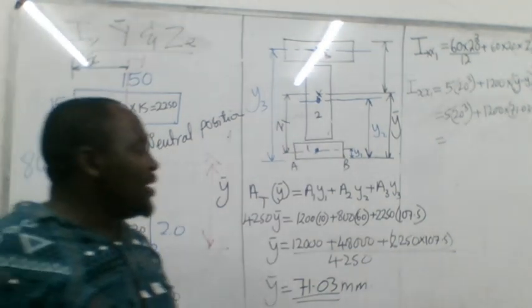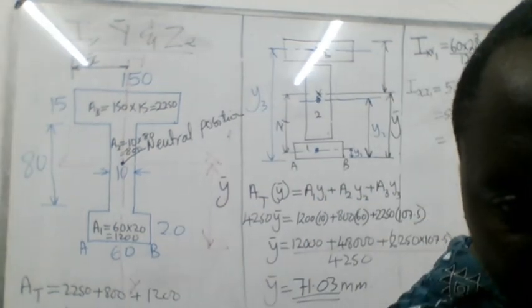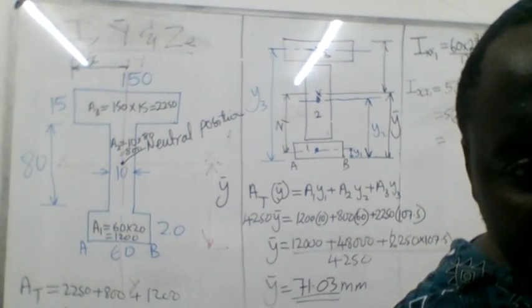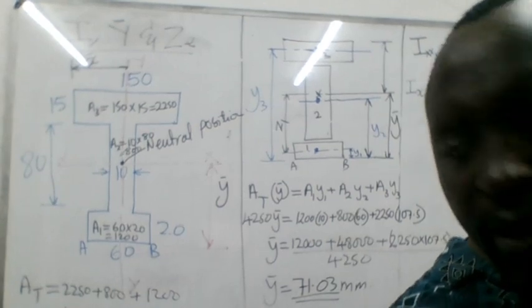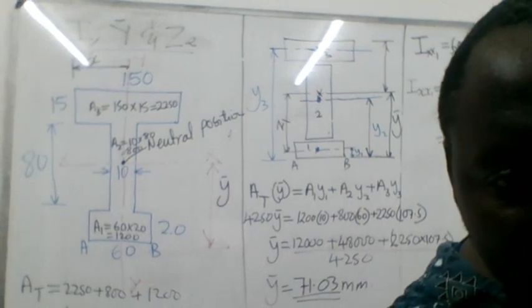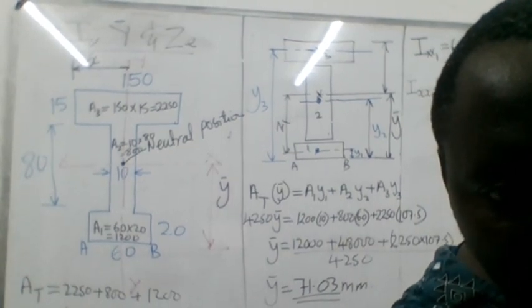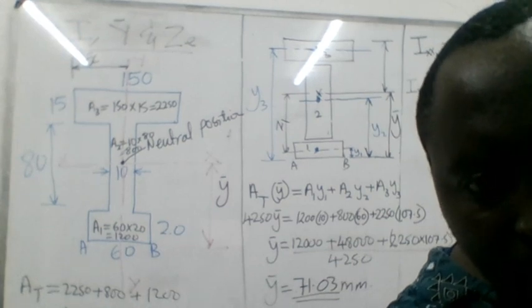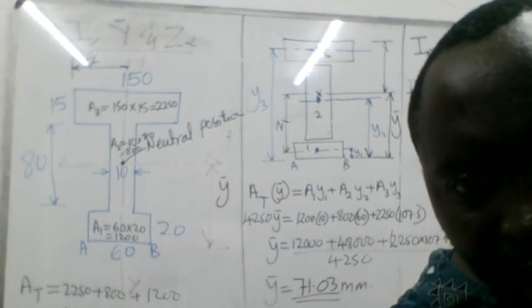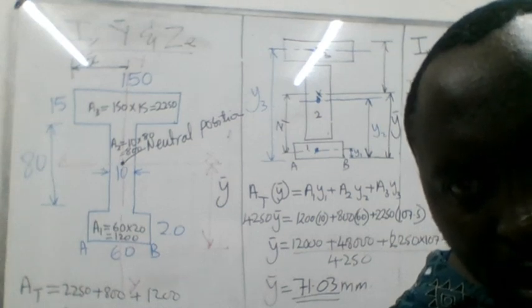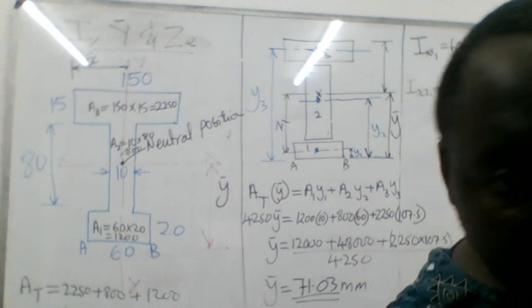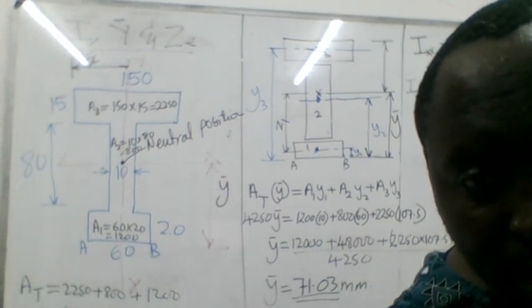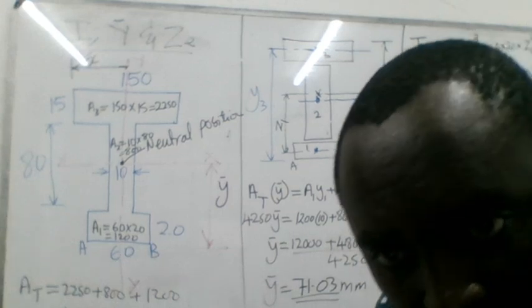So beautiful, eh? What's the answer? So we say 71.03 minus 10, times 1,200, plus 5 times 20 squared.